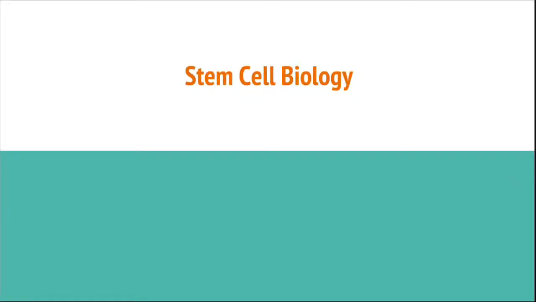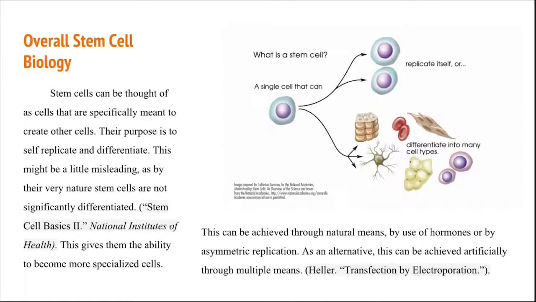Stem cell biology. A stem cell can be thought of as a cell specifically meant to make other cells. This might be a bit confusing, but stem cells don't have any kind of specialization. They are mostly undifferentiated cells.